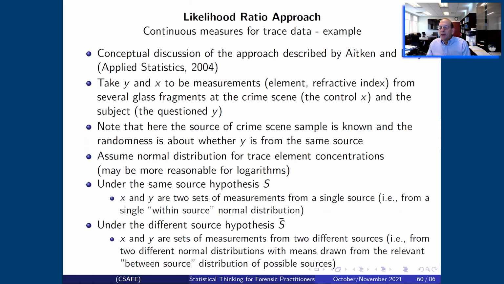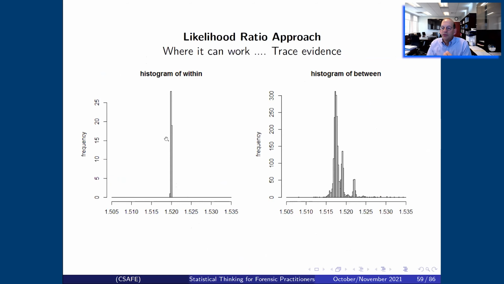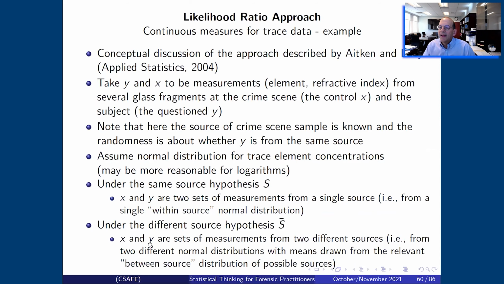Under the same source hypothesis, we have two sets of measurements from within a single source, and therefore the within distribution that I just showed you is relevant. If I have measurements from different fragments that are all over the place, they're not going to be consistent with that within histogram. Under the different source hypothesis, I have fragments from different sources, and the between is the relevant piece.